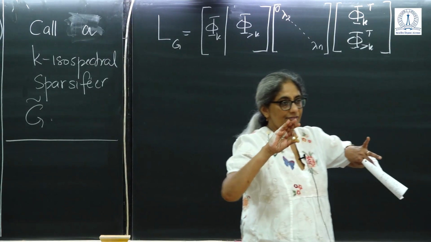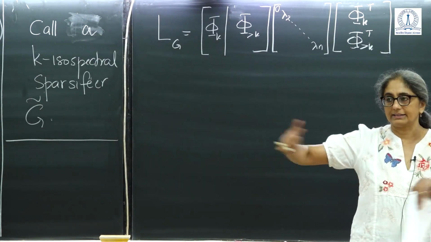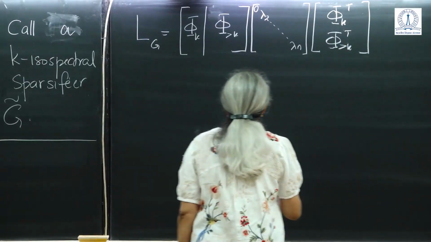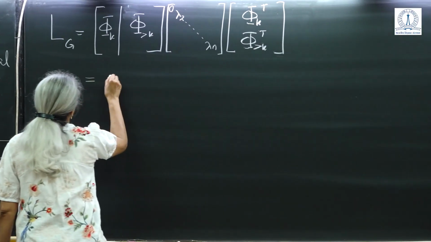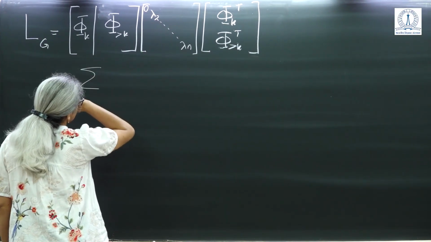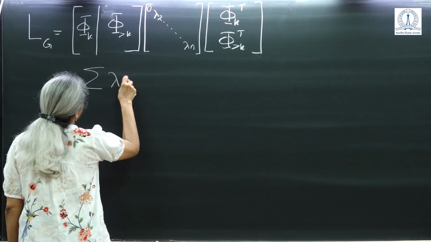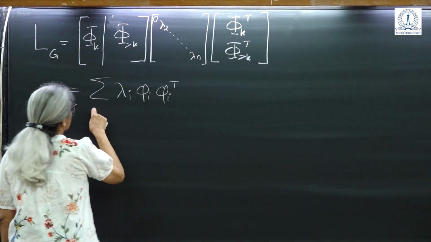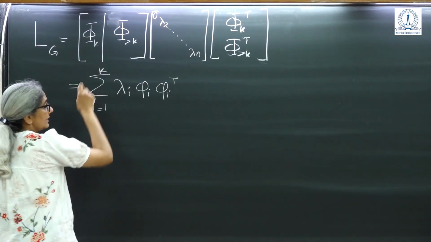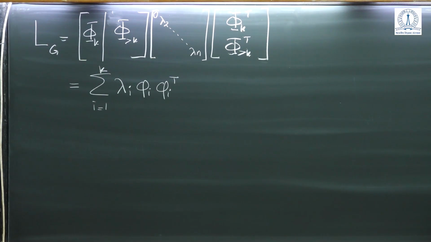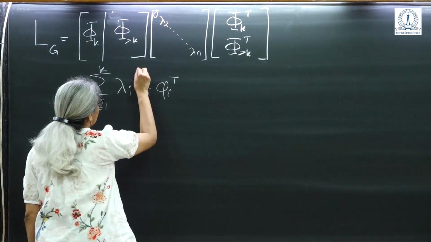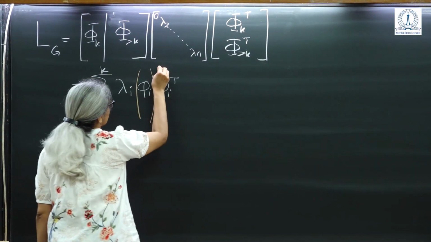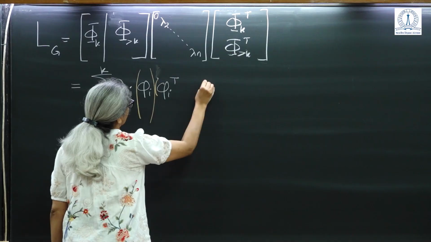So I want to break this apart. I want to take the phi k part to one side and the rest to the other side. So do you remember that sometime before we discussed that this is the same thing as sum of lambda i, phi i, phi i transpose? This is the rank 1 decomposition. So that thing is the same thing as lambda i times, this is a matrix, so phi i is a column matrix, and phi i transpose is a row matrix.